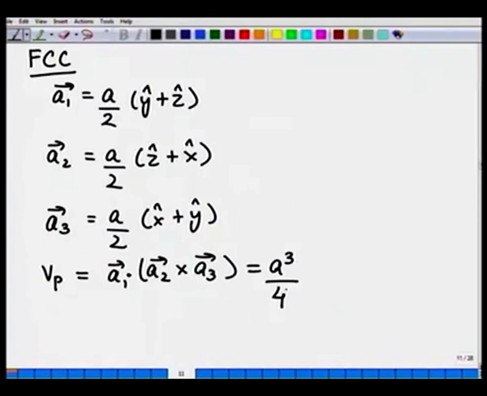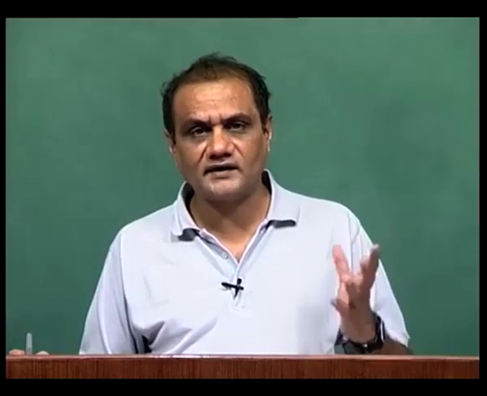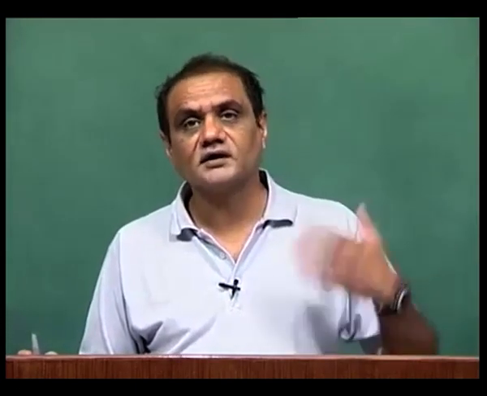In FCC, the conventional cubic cell of lattice parameter a has volume a cube, and FCC has 4 lattice points per unit cell, whereas these vectors A1, A2, A3 are primitive vectors. That means the cell constructed by these will have only 1 lattice point, therefore its volume must be 1/4 of the conventional cell. I have written it for that reason. You can verify by doing the actual calculations.